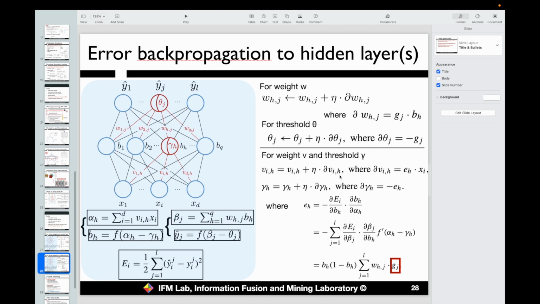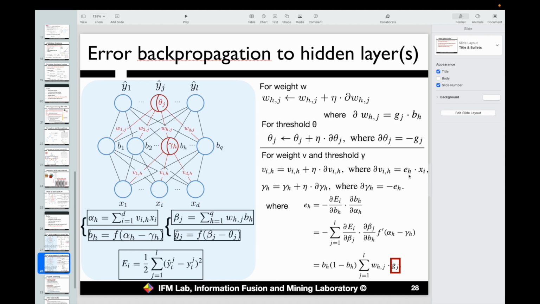And here we also have a very interesting observation. Because according to the chain rule, we can calculate this on paper, and we find that this term can be represented as what? It can be represented as a product of e_h times x_i. x_i is the input, we have nothing to say, right?